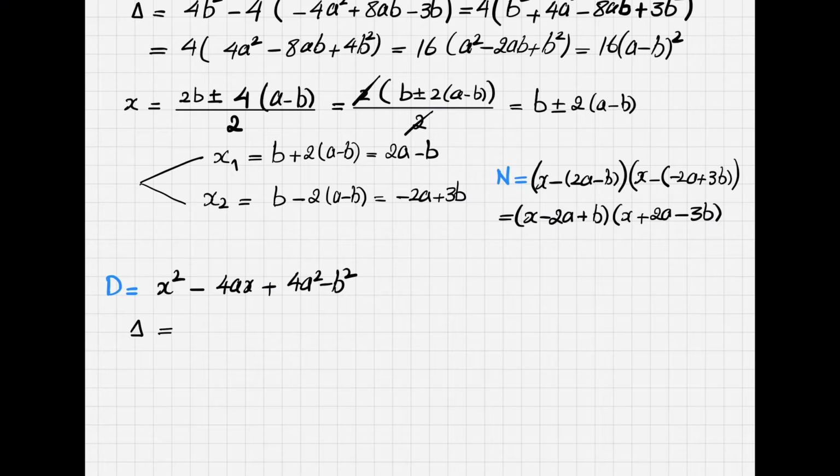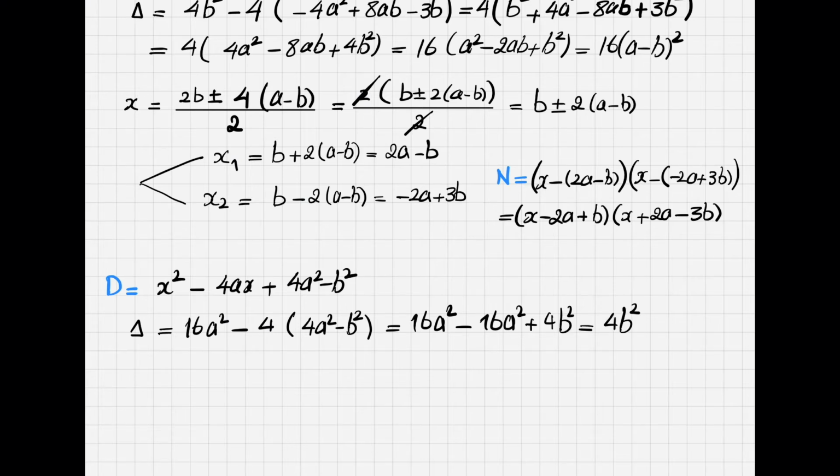So delta is this expression to power 2, so it becomes 16a squared, minus 4 times a, which is 1 in this case, times this expression, which is playing the role of c, which becomes 4a squared minus b squared, and then this becomes equal to 16a squared minus, if I multiply it becomes 16a squared plus 4b squared, and these two 16a squareds are cancelled, so I am getting 4b squared. And again, the good point is that this is a complete square.